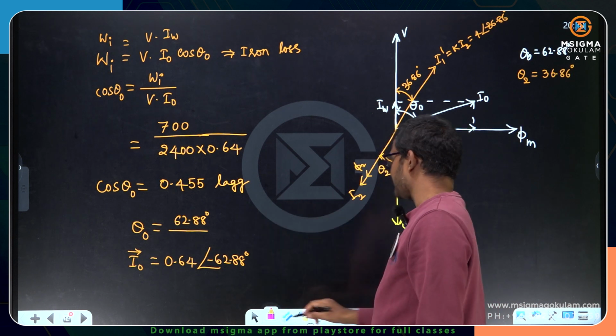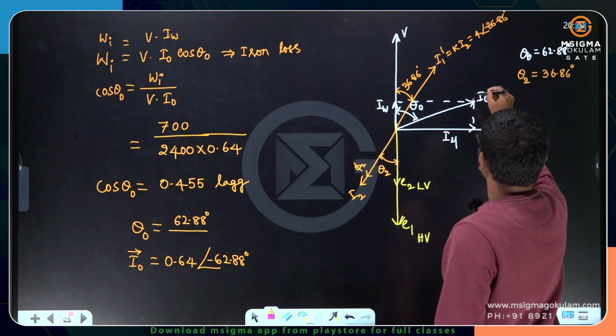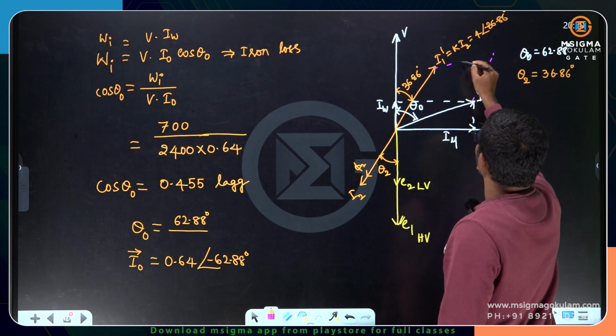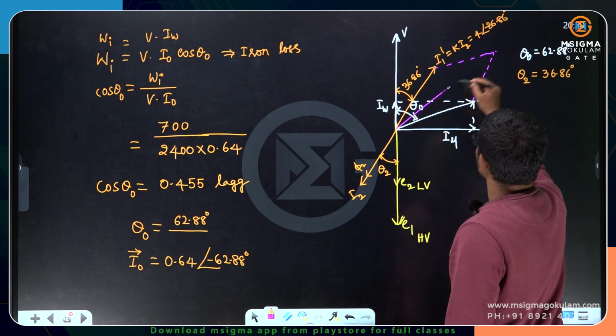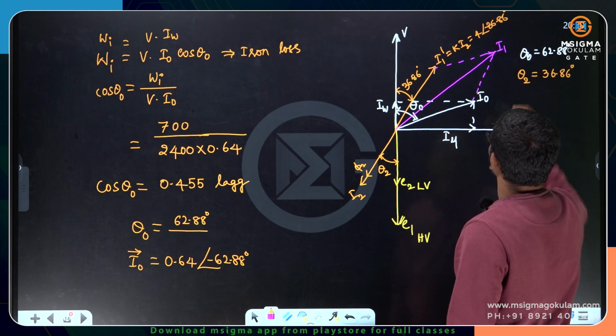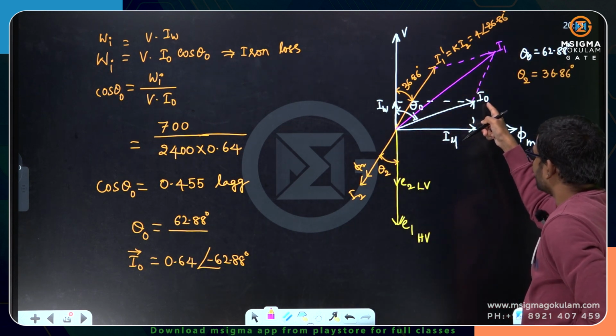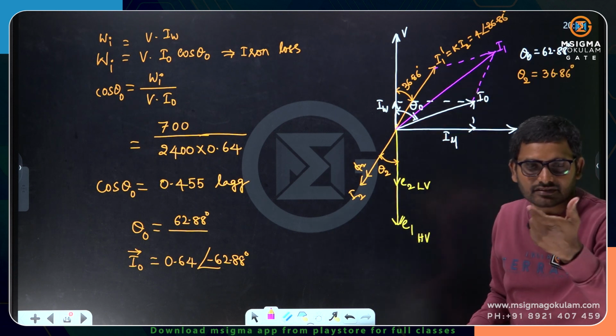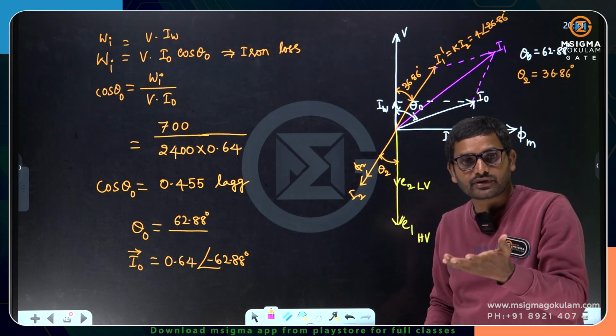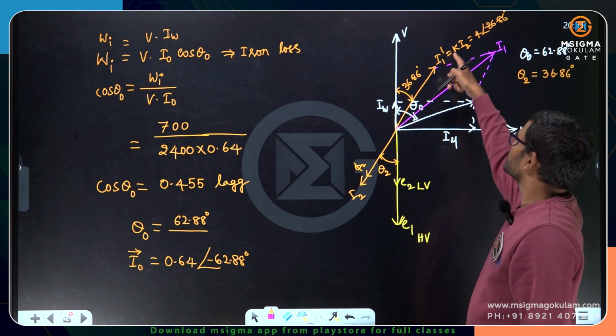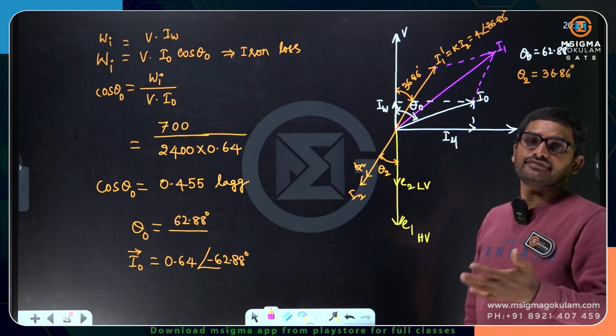Now the phasor sum of these two, I1 dash and I0, will be the primary current. So how do you take up the primary current now? This is one current and this is one more current. You can use the parallelogram law: F1 square plus F2 square plus 2 F1 F2 cos theta.